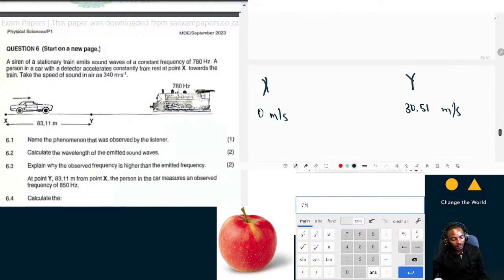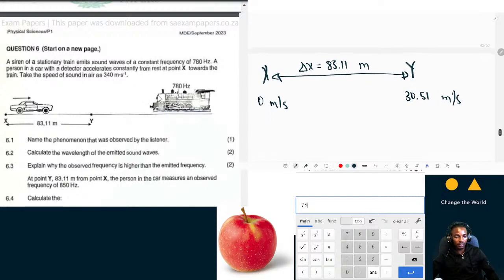Then the displacement that was undergone by the car, delta X, is equal to 83.11 meters. So that's the displacement. Now we need to quantify the acceleration of the car. So how are we going to calculate this acceleration?